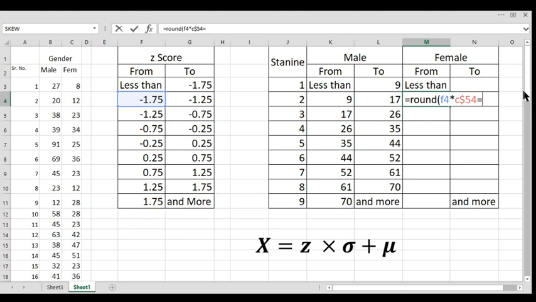Then we have to add mu of female, that is found in C53. So after putting a plus sign, we write here C53, and as the cell address of mu of female is to be freezed, after C we will write dollar, and then we write 53.